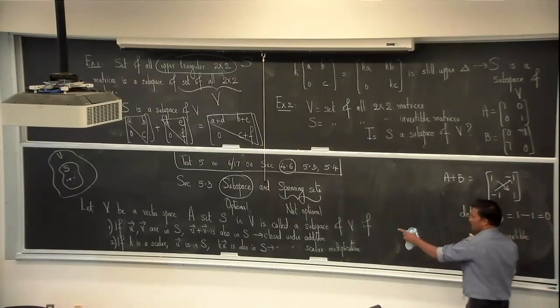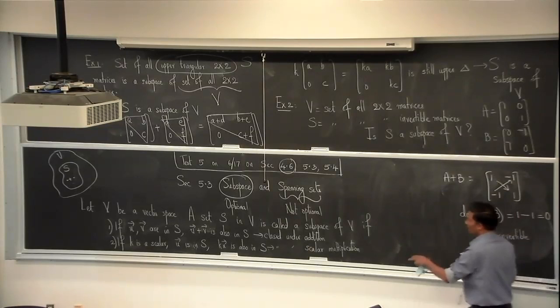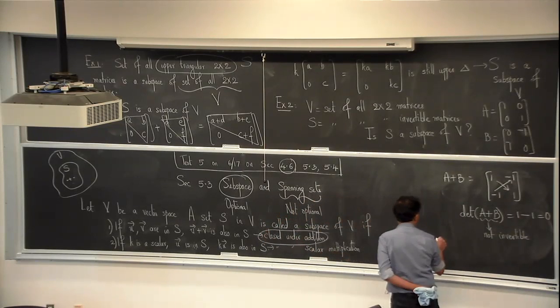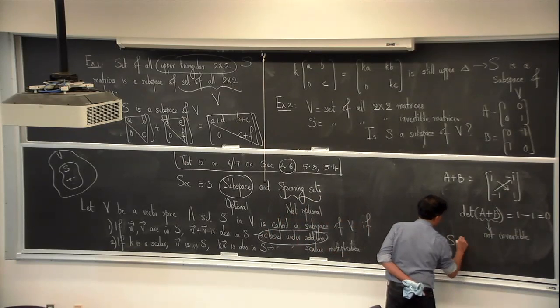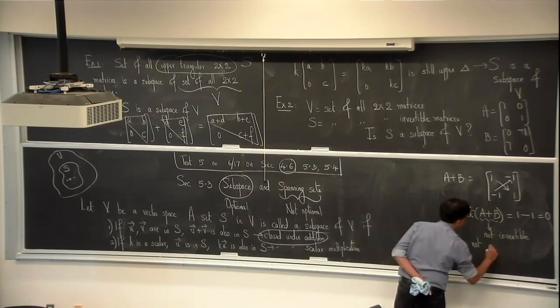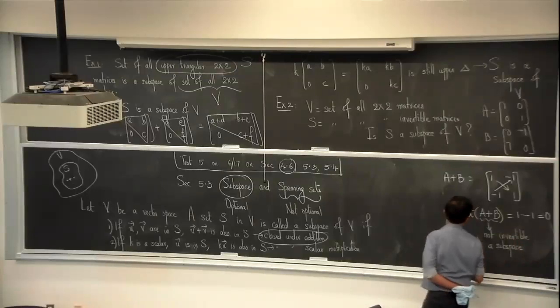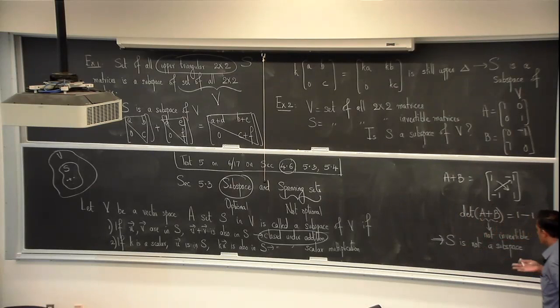Which means that the first condition fails, that it is not closed in addition, which means that S is not a subspace. Once you get one bad example, you cannot save it anymore. You can write a million other examples where it works. The whole point is that it fails somewhere, so it's out of the question.